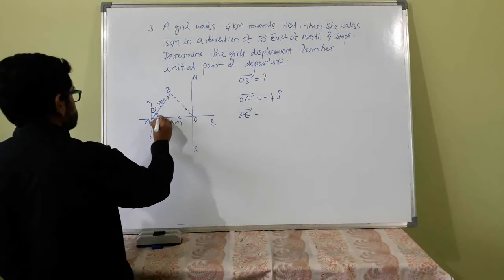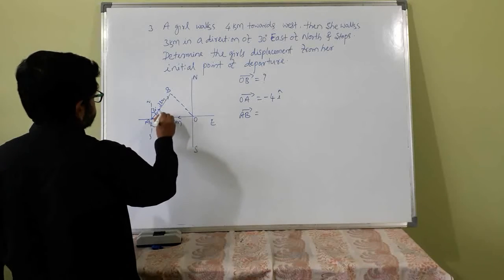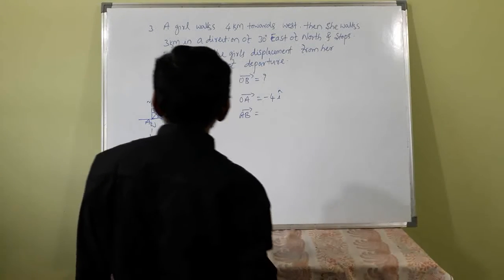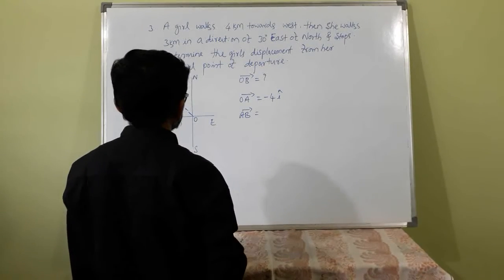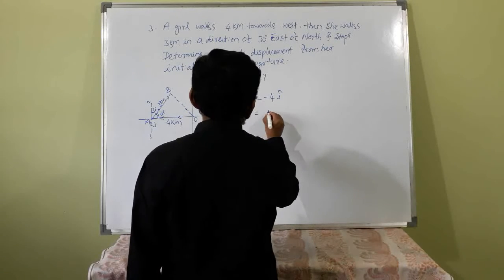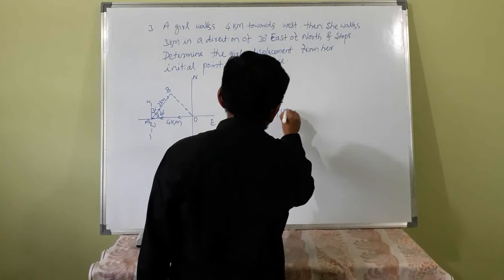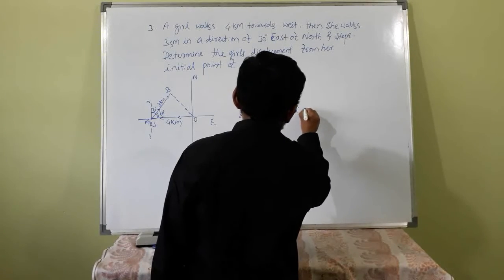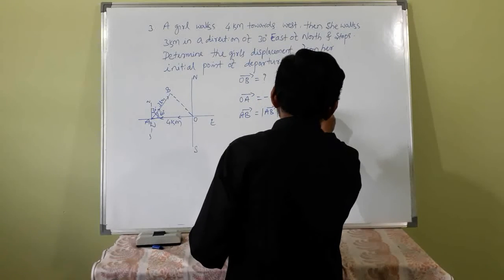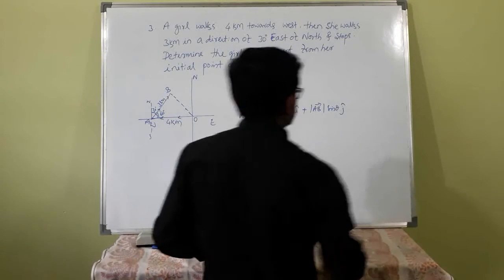Suppose this is 30 degree, this should be 60 degree. 90 minus 30, 60 degree. AB is, how much it is? Okay. AB magnitude cos theta i cap plus AB sin theta j cap, isn't it?